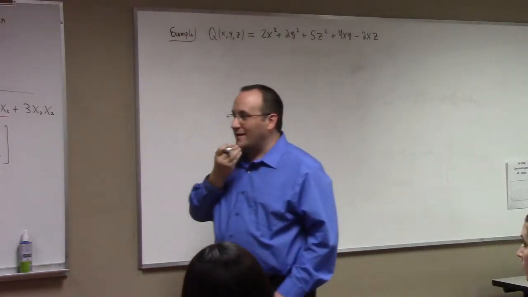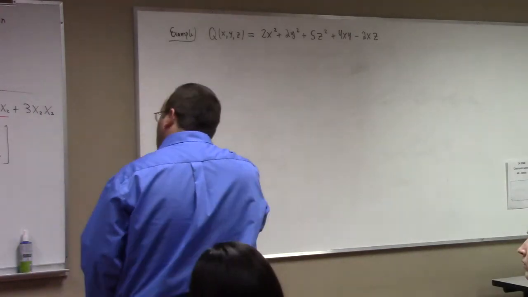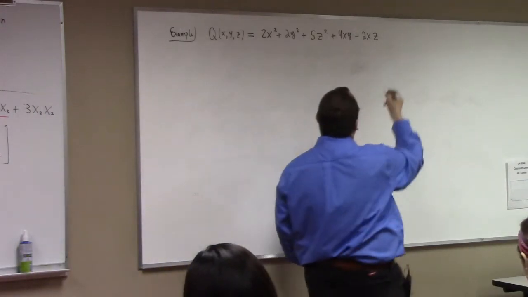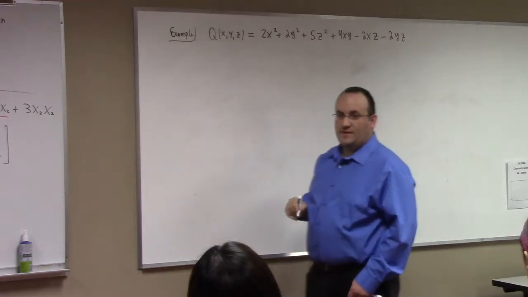Just thinking of this random formula. Let's see here, minus 2yz. This would be a quadratic form.